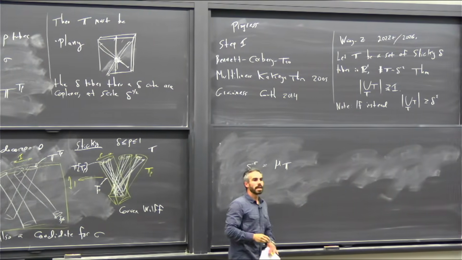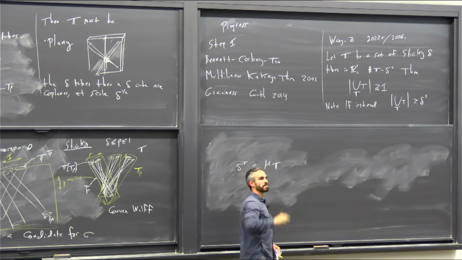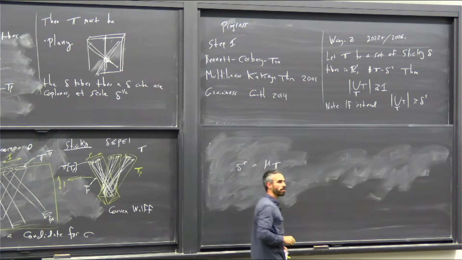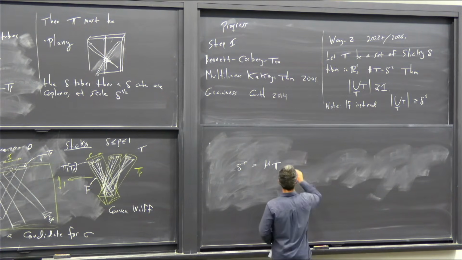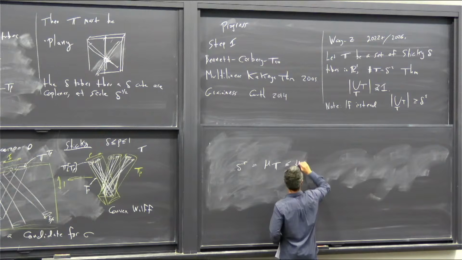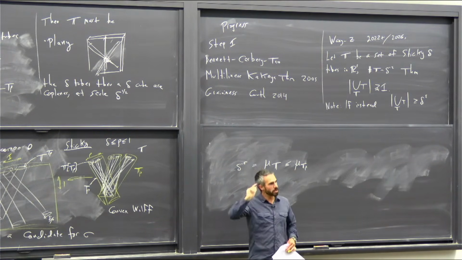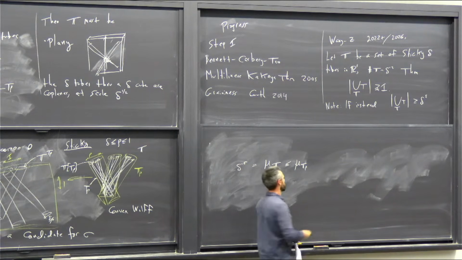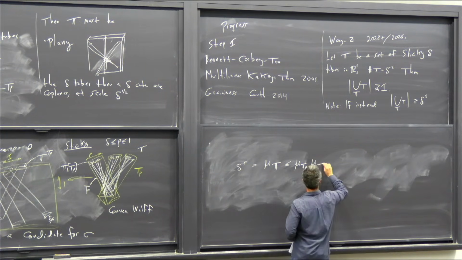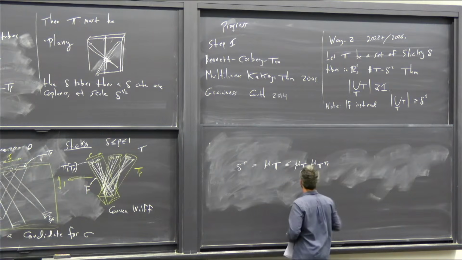OK. And now I want to count. How many delta tubes pass through a typical point? Well, how many rho tubes pass through that point? That is at most mu sub T_rho. And then for each one of those rho tubes, how many delta tubes pass through a typical point in that rho tube? And that is at most mu sub T super T_rho.